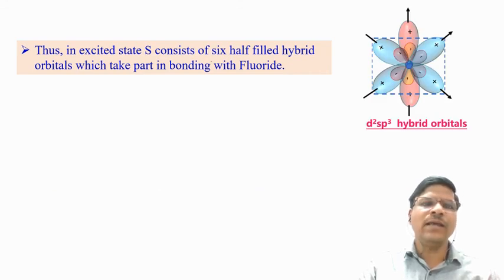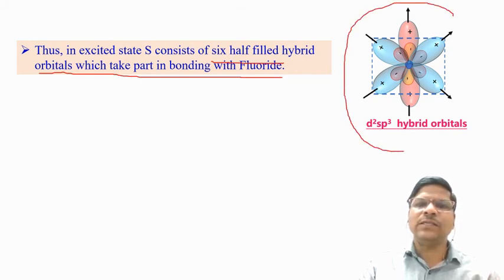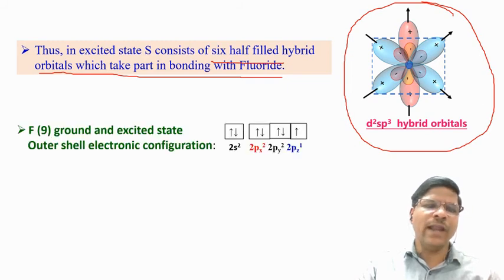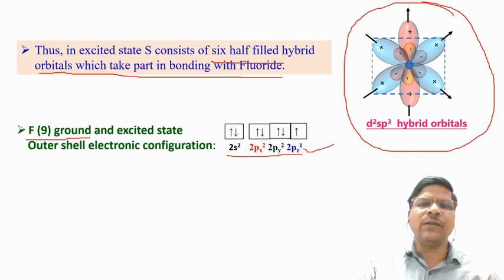The 6 hybrid atomic orbitals of sulfur are all half filled and hence all take part in the bonding with fluorine. What is the case of fluorine? Atomic number 9, and the electronic configuration is 2s2, 2px2, 2py2 and 2pz1.